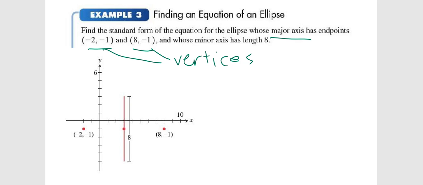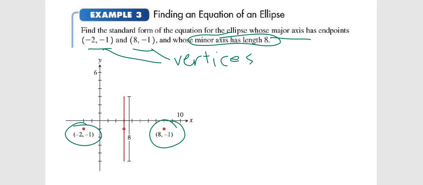You can also see that they told me the minor axis has length 8. Since they have identified the vertices as horizontal, we know this is going to be the short fat variety. They graphed them. You might not, so that's why I'm trying to tell you graph, graph, graph, so that you get it into your minds that you need to graph.